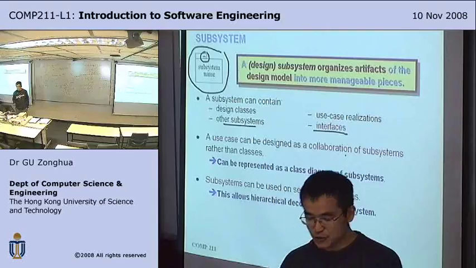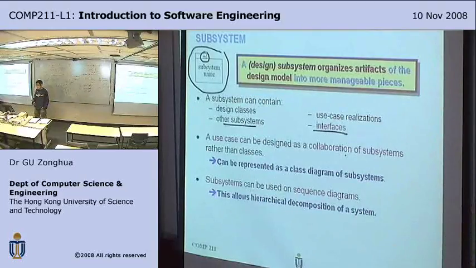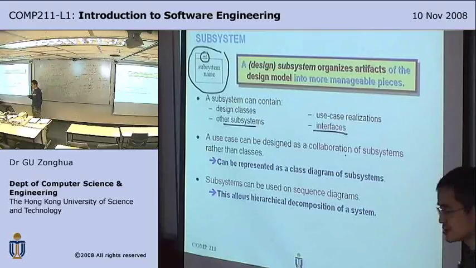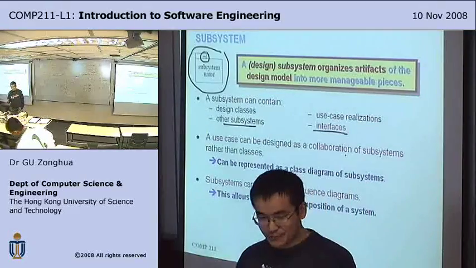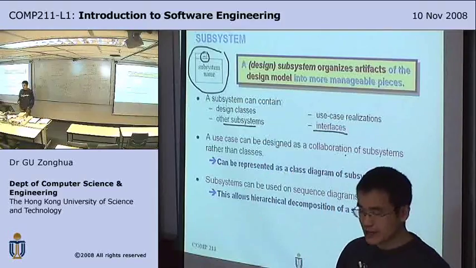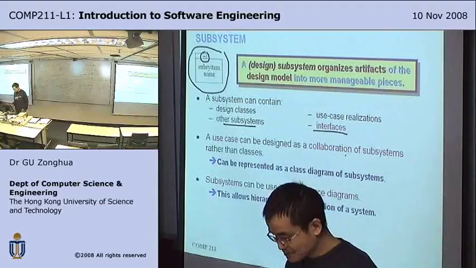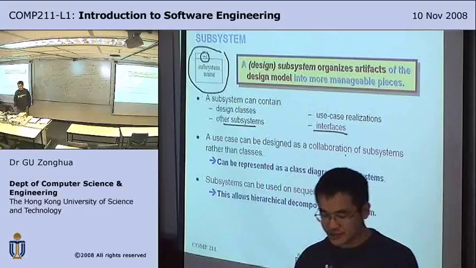Subsystems can be used in sequence diagrams. Remember, in sequence diagrams, typically you have classes on the vertical axis. You can use subsystems instead to indicate a more coarse-grained behavior. This allows hierarchical decomposition of a system.